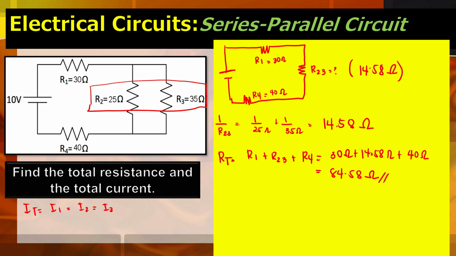So for I total, using the Ohm's law formula, I total is equal to V total over R total. So substitute lang natin. So for our V total, we have 10 volts. So 10 volts divided by 84.58 ohms. So ang ating I total will be 0.11 ampere.